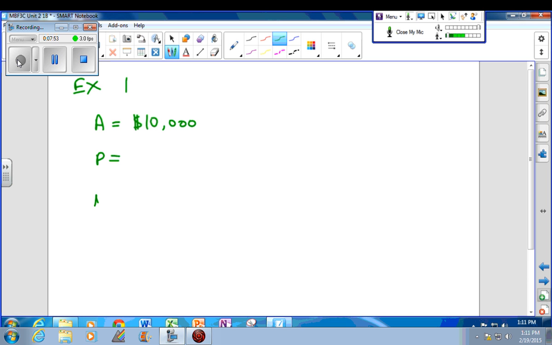Our I. Now what is our I? They gave us the interest rate of 6%, compounded monthly. Remember that our I is our interest rate divided by 100, expressed as a decimal, 0.06, divided by the number of compounding periods per year. Monthly, there are 12 months in a year, so that's going to be our I.